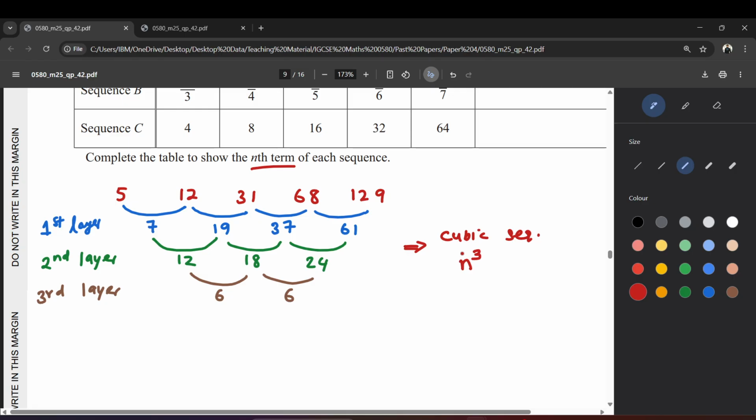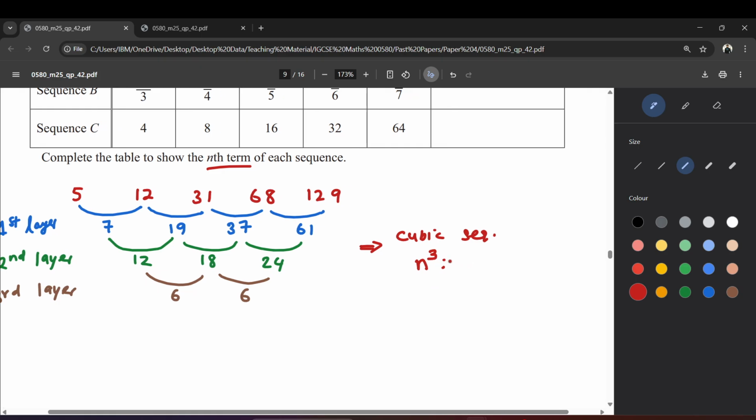N cubed means if I substitute 1 into it, I get 1. So if the value of n is 1, I get 1. If n is 2, I should get 8. 3 cubed is 27. 4 cubed is 64.